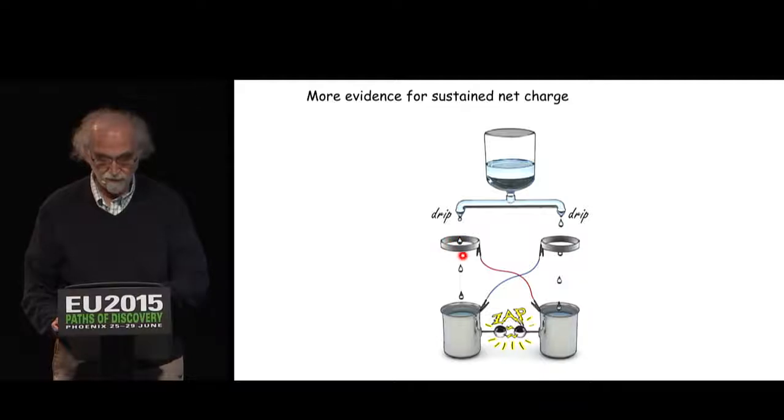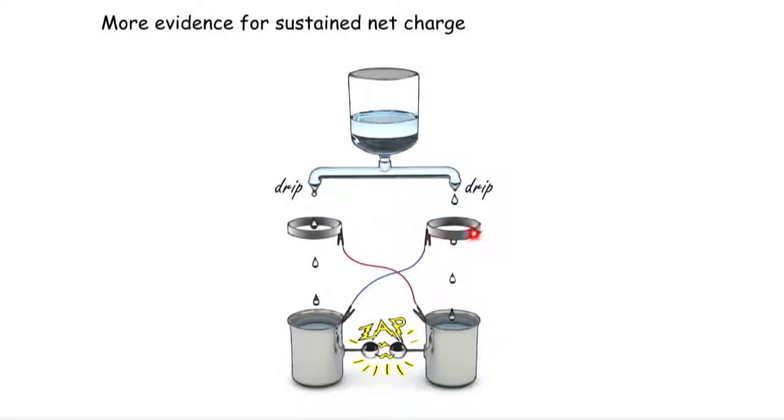It passes through this ring, and it passes through this ring. By the way, this is called the Kelvin water dropper experiment done by Lord Kelvin. The drips go through these, and these collect in this container, and these collect in this container.